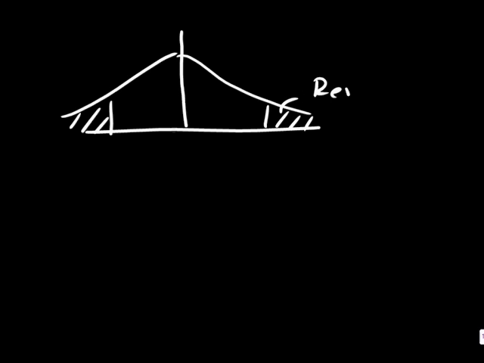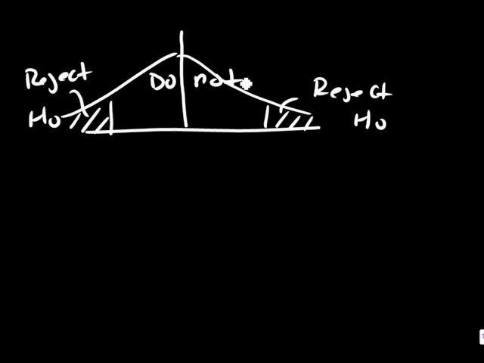Reject the null. And this is our do not reject the null region. We have two critical values, since this is a two-tail test.